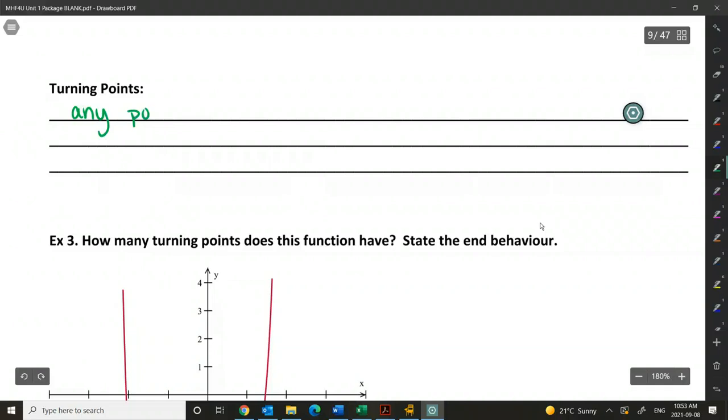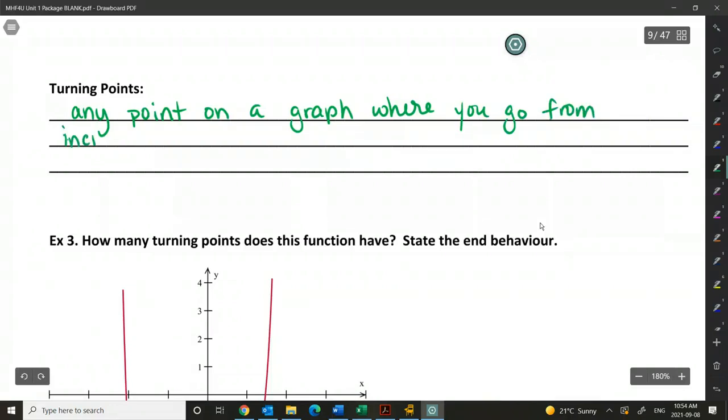Going from increasing to decreasing would form a mountain. It would go up and then down, and that would be your turning point right in the middle of that. Or vice versa, decreasing to increasing.